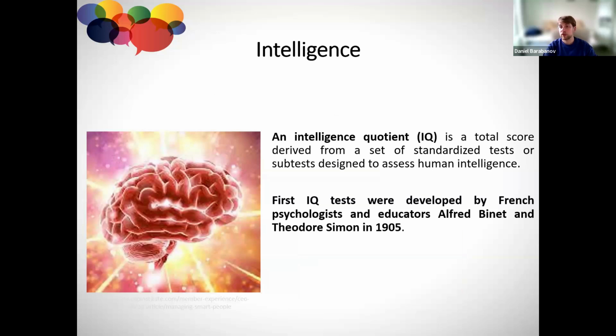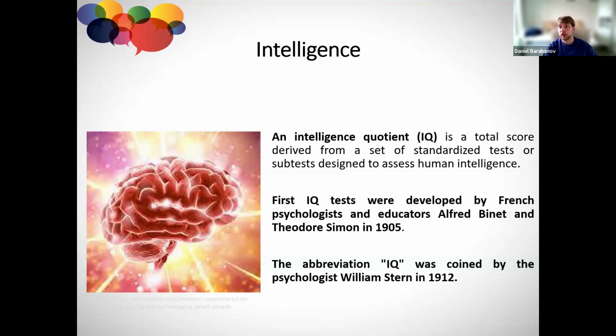The first IQ tests were developed more than 100 years ago by the French psychologists Alfred Binet and Theodore Simon in 1905, in connection with a big educational reform in France, which was conducted at the beginning of the 20th century. Since then, different IQ tests became very popular in all countries in the world. They advanced and were adjusted and improved many times.